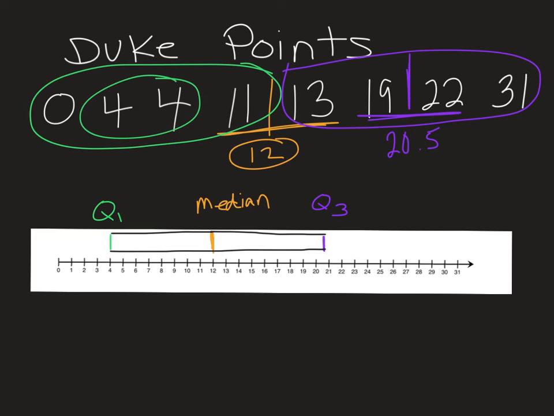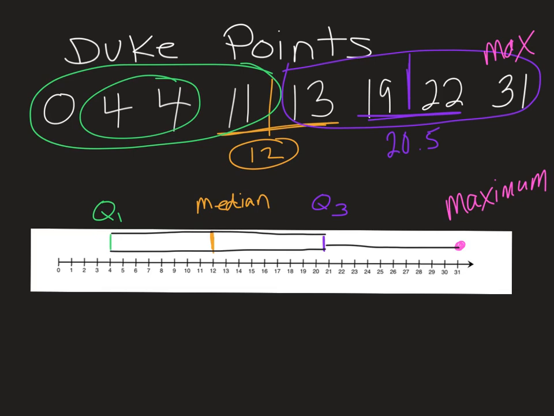And our whiskers need to go to the maximum of 31. So I'm going to mark 31, and I'm going to extend the whisker out to it. And this time, the lower quartile and the minimum are not the same number.